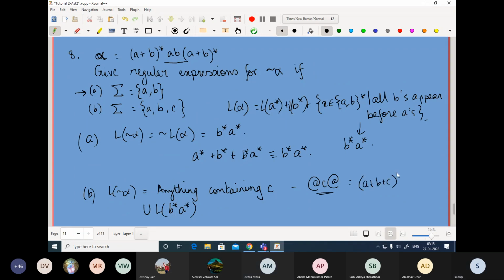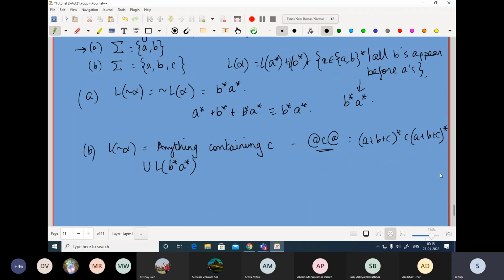Correct. Okay. So L of not of alpha is equivalent to (a plus b plus c) star c (a plus b plus c) star plus b star a star.